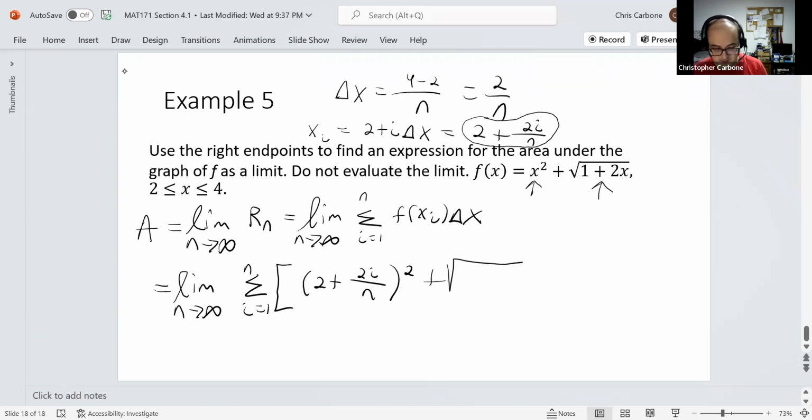This will be the square root of 1 plus 2 times, replacing the x now, (2 plus 2i divided by n). And we're going to take this whole thing and multiply it by delta x, so 2 divided by n.